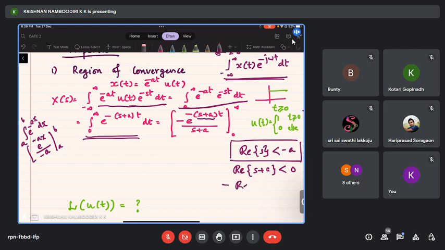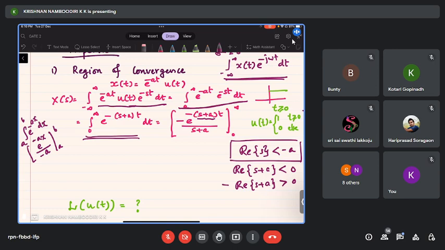So minus the real part of s plus a will be greater than 0, correct? So this e power minus s plus a into t will blow up. When I substitute t equal to infinity, basically I need to substitute the upper limit infinity minus the lower limit 0, correct? That's how we find the integral value, correct?